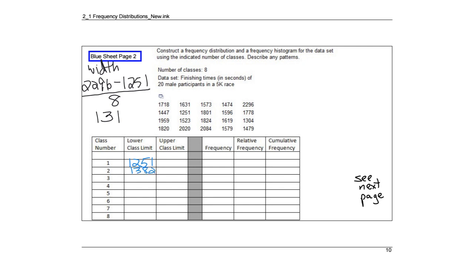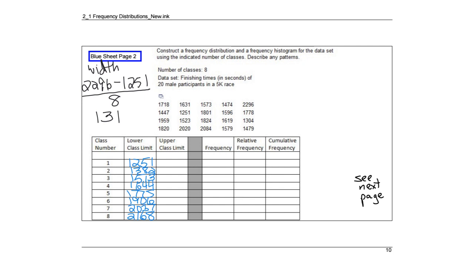And then I'm going to keep going. Okay, so this is my lower class limit. I started with 1,251. That was my minimum point. I added 131 all the way down, and I finished up my lower class limit.